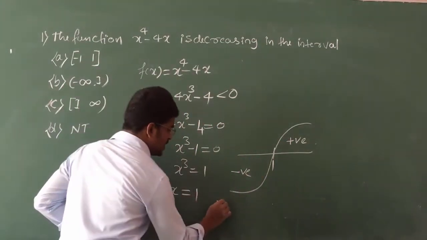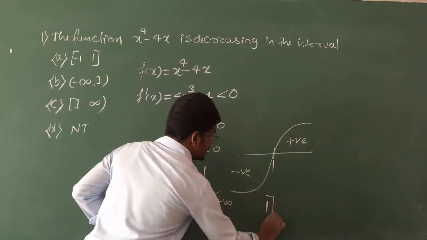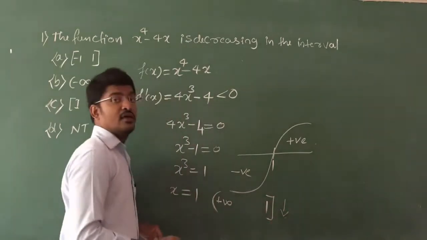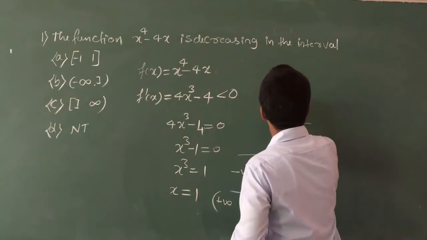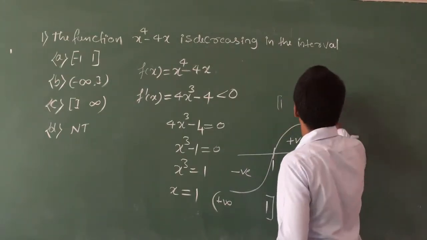So now minus infinity to 1, it is decreasing. Clear? 1 to positive infinity, it is increasing.